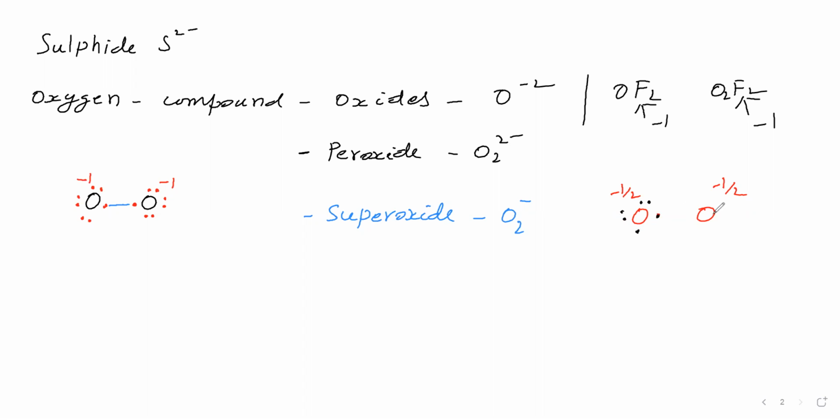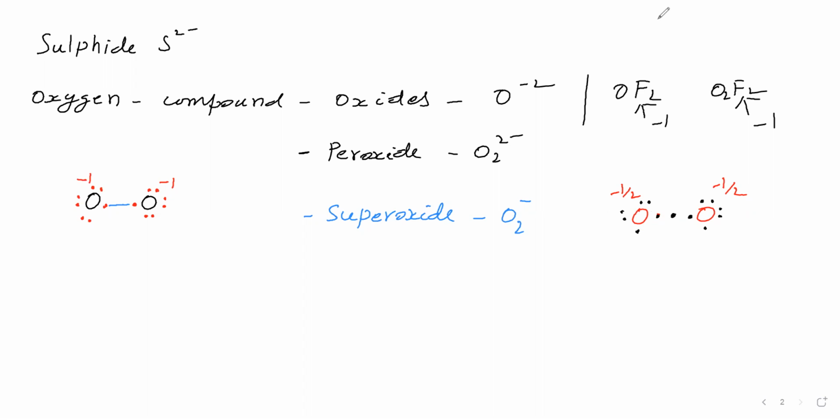The minus 1 means 1 additional electron, common to both.